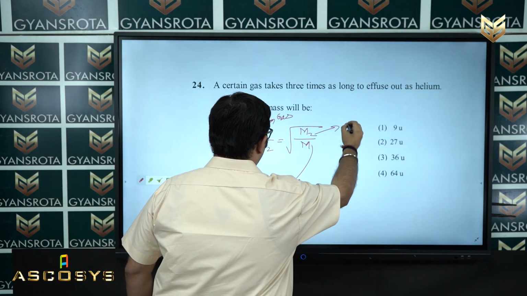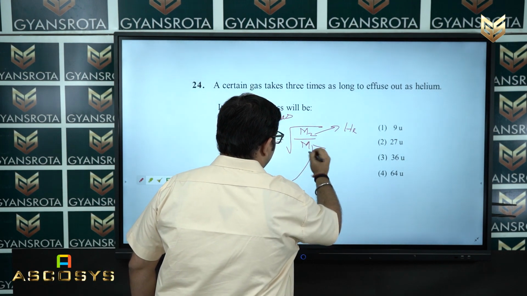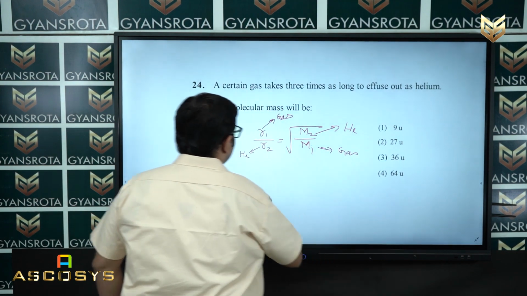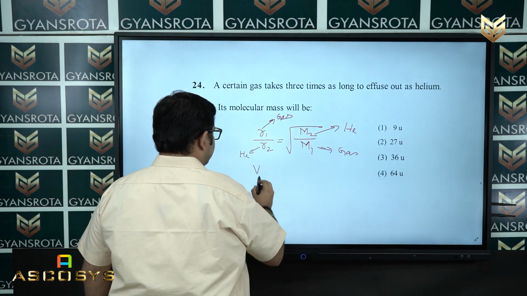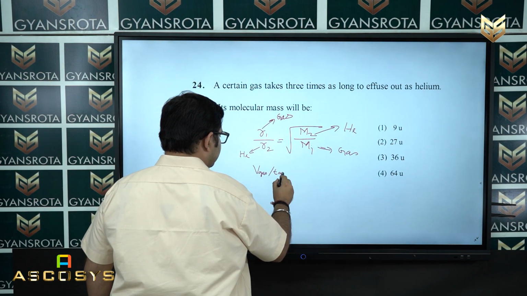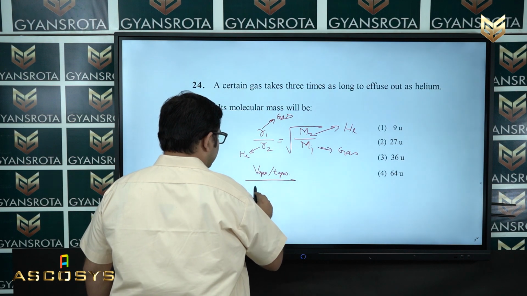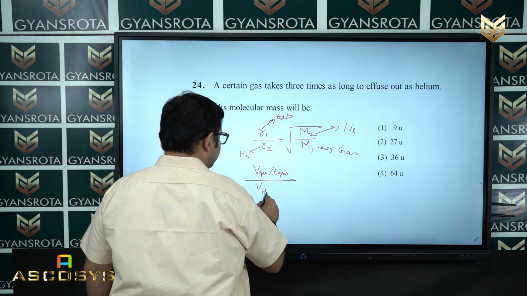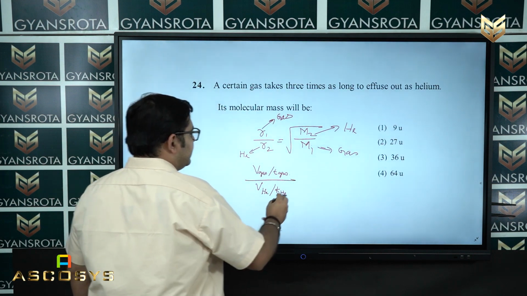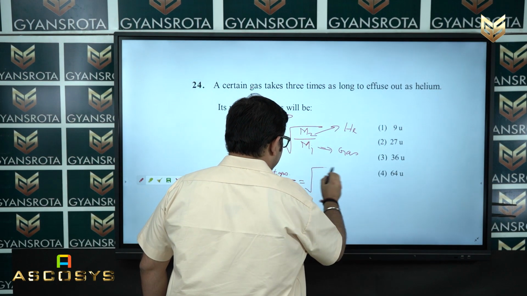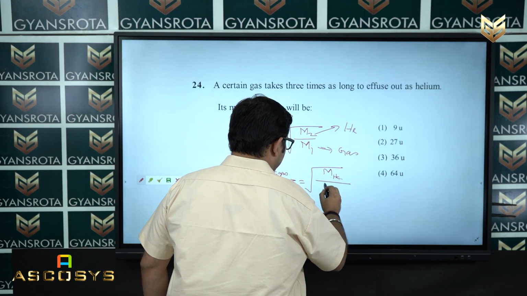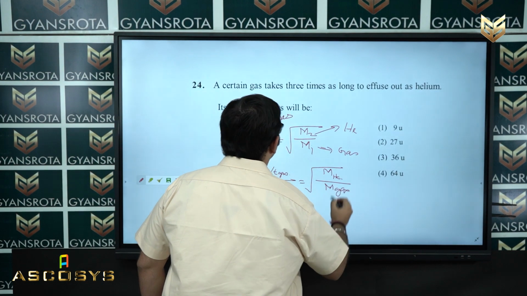Similarly, M2 is for your helium and M1 is for the gas. For the rate I can write V gas by T gas divided by V helium by T helium, and this is also equal to root over molecular mass of helium divided by molecular mass of gas.